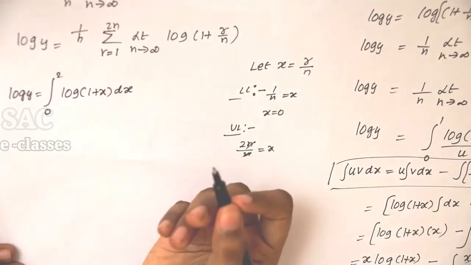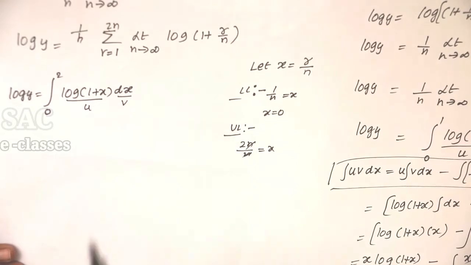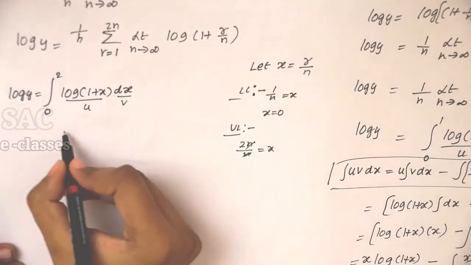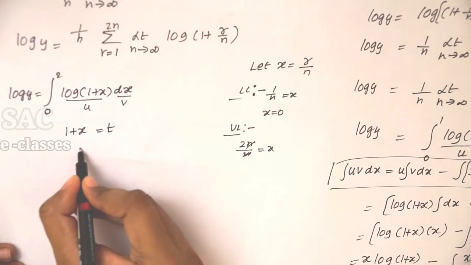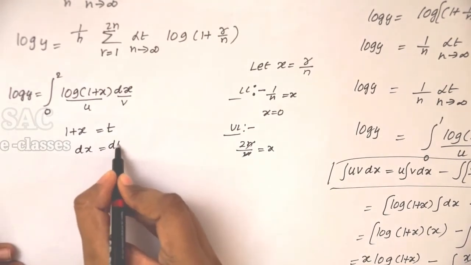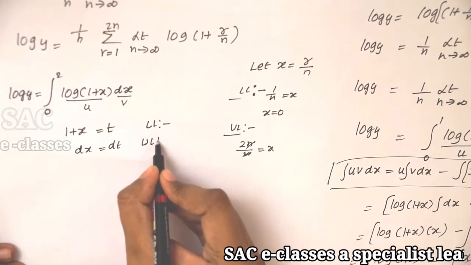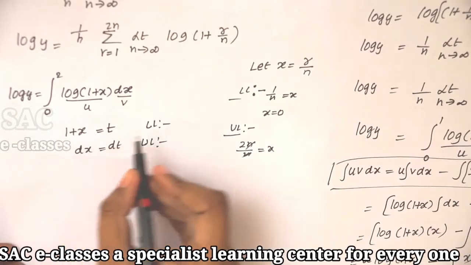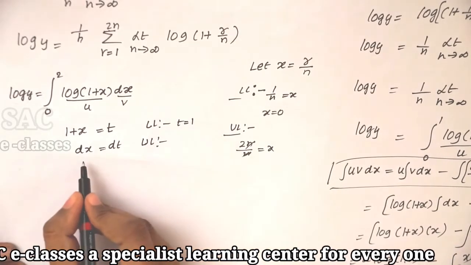In the previous problem we took log as u and dx as v. Can we do it in a simpler manner? Let us assume that 1 plus x is some variable t. Then dx is equal to dt. Change the lower limit as well as the upper limit again. 1 plus x is t, so if x is 0 then t will be 1.